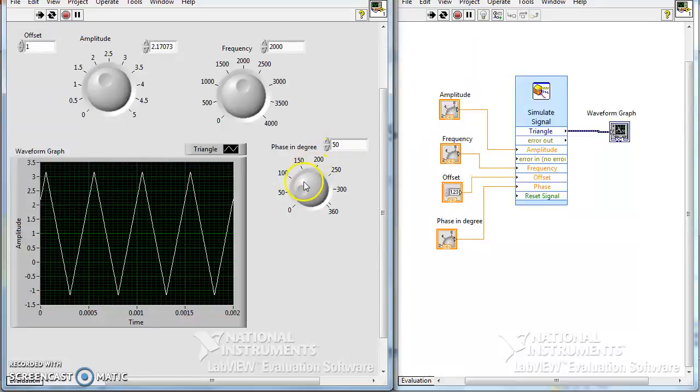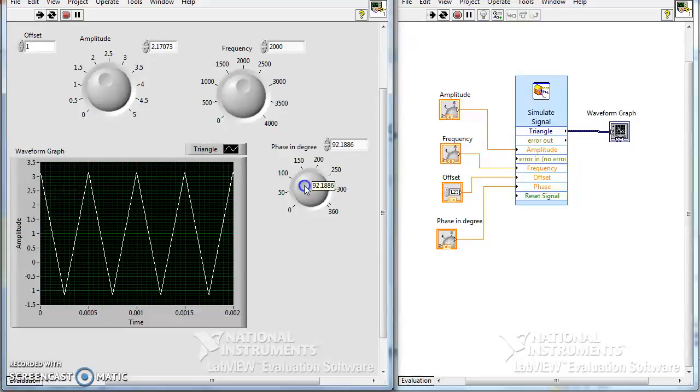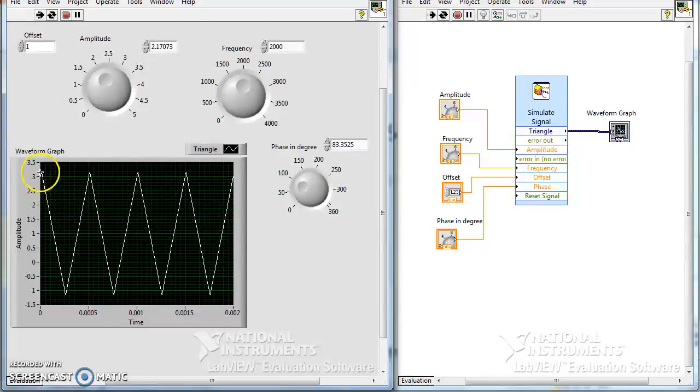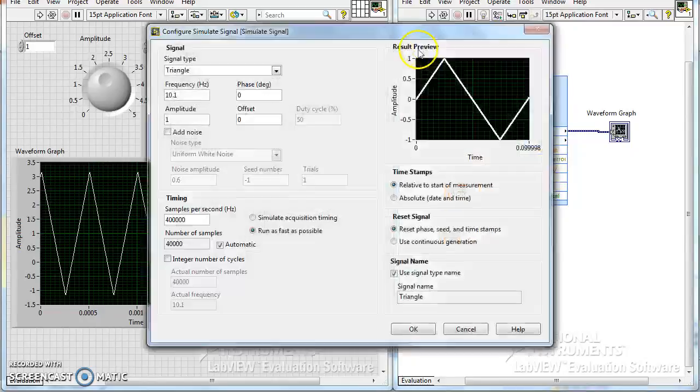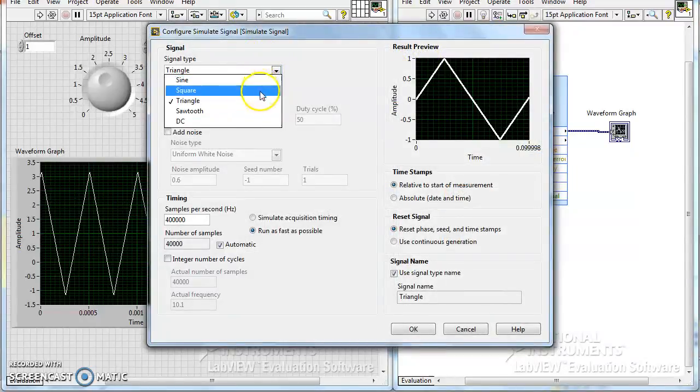Once again you could see the variation with the usage of the phase. If I go with a 90 degree phase, you will have exactly the peak at 0 time instant. Now if you want to generate a cosine wave, looking at this signal type, you don't have a cosine wave over here.